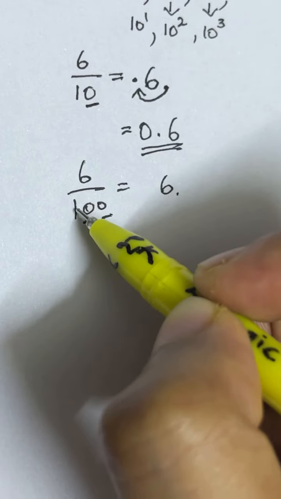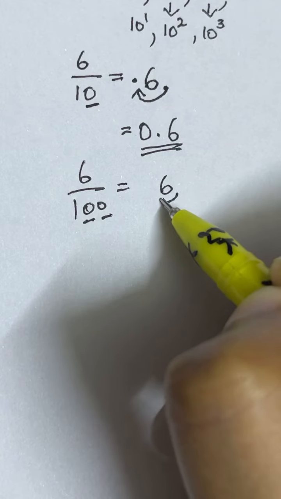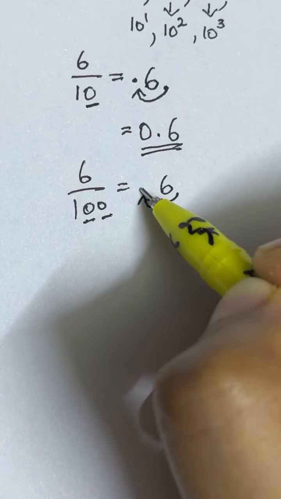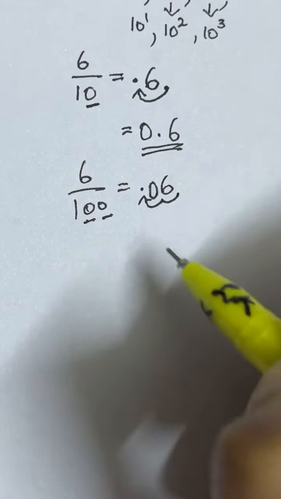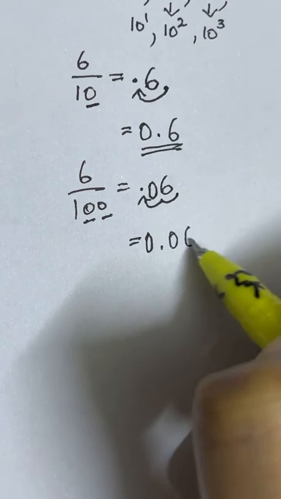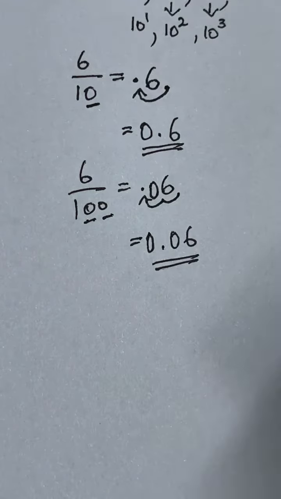So we move our decimal 2 slots towards the left. In one slot we already have 6, your decimal comes here, and there's one slot which is empty. Whenever it's empty, we put a 0 there. That means your answer is 0.06. This is how you convert a fraction to a decimal.